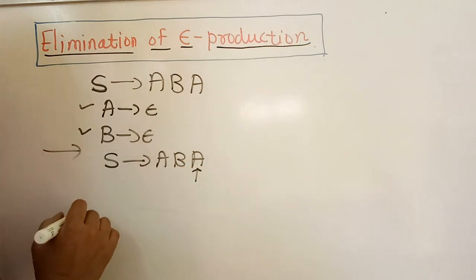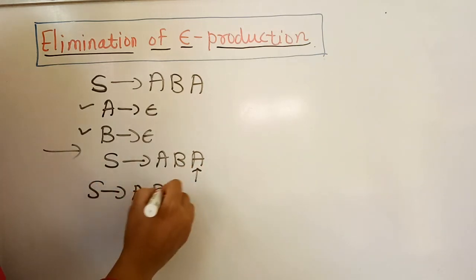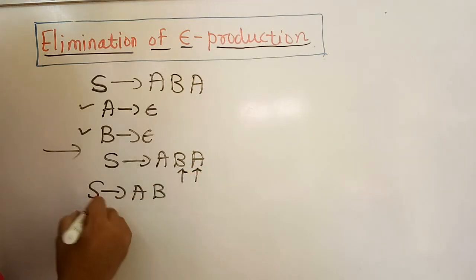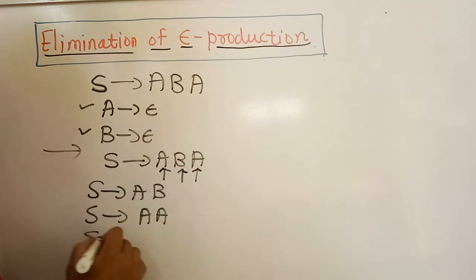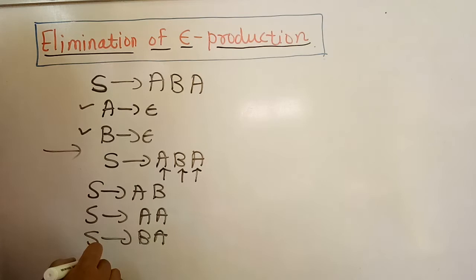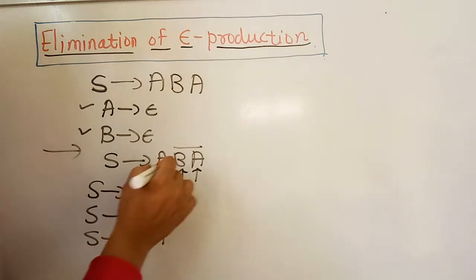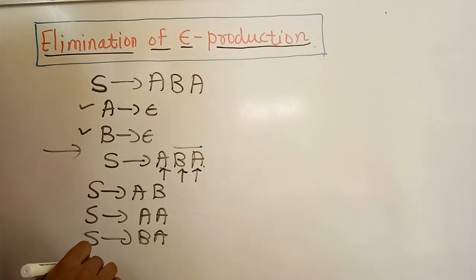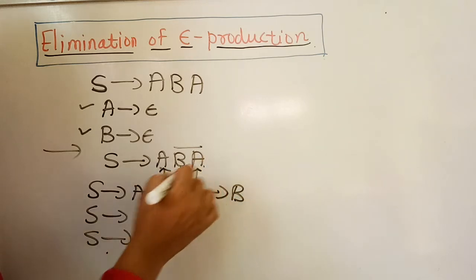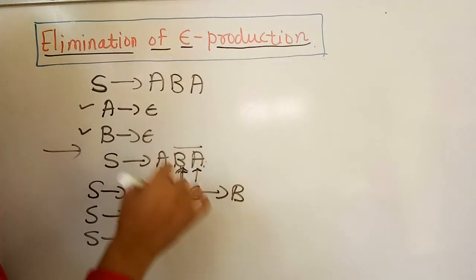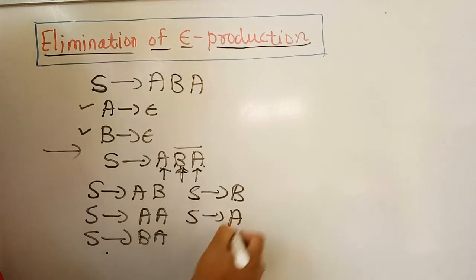If we replace the first A with epsilon, then S gives AB is the new production. If we replace B with epsilon, then S gives AA. If we replace the last A with epsilon, the production will be S gives BA. If both A's are removed, then S gives B. And if B and A are removed at the same time, then S gives A, again a new production.